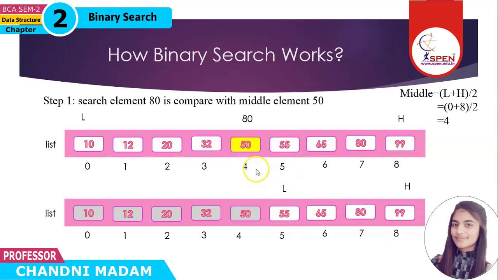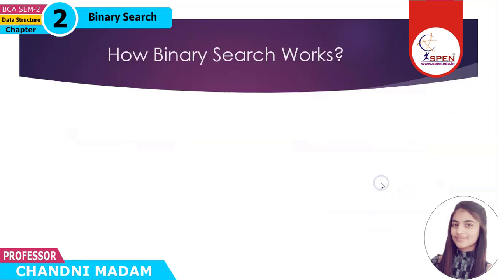Now we will change our lower value and higher value because this part of the array we will neglect. So now the lower value is mid plus 1. Here mid is 4, so 4 plus 1 means 5. So now we will consider our lower value as 5 and the higher value stays as it is.